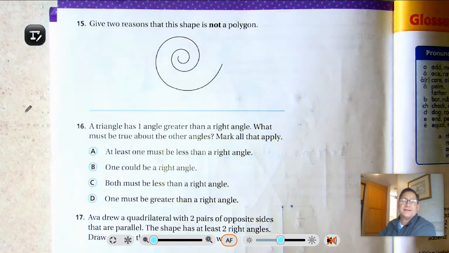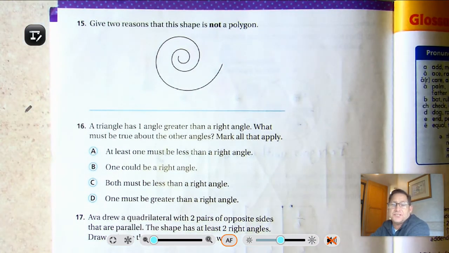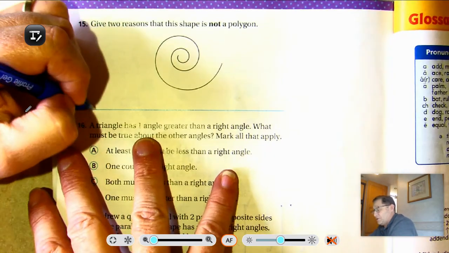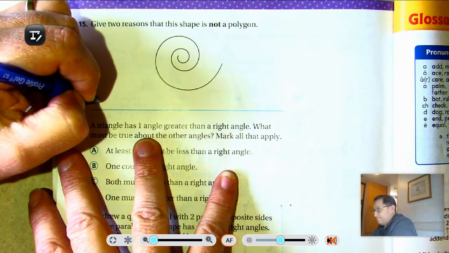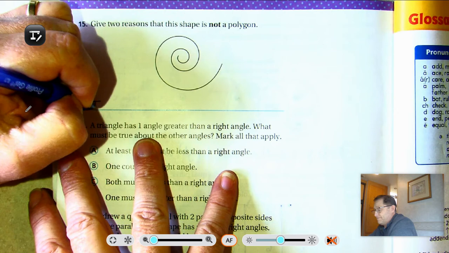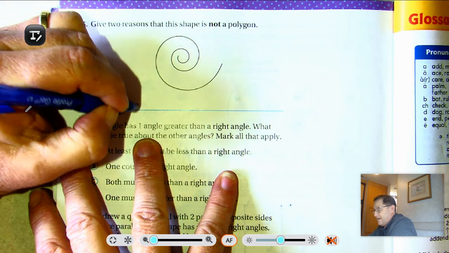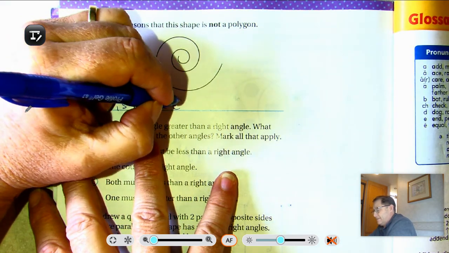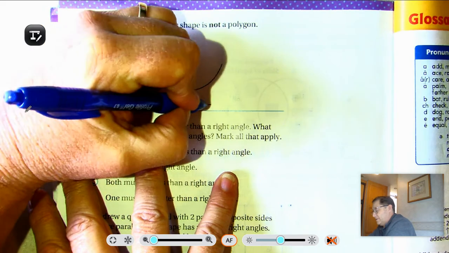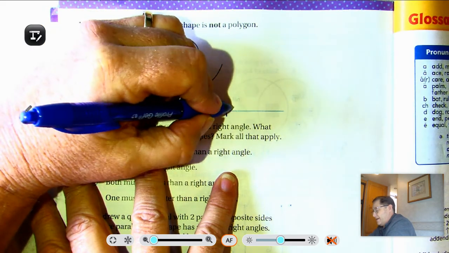Number 15. Give 2 reasons that this shape is not a polygon. Well, the most important rule on polygons is it has to be a closed shape. It is not a closed shape.